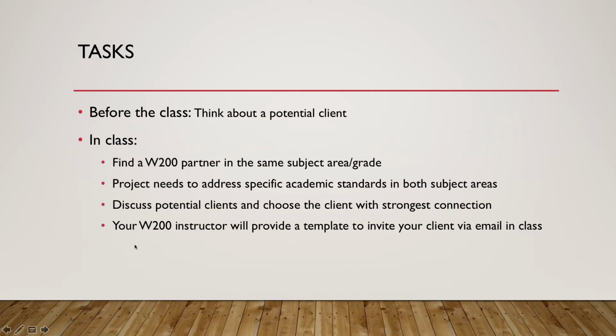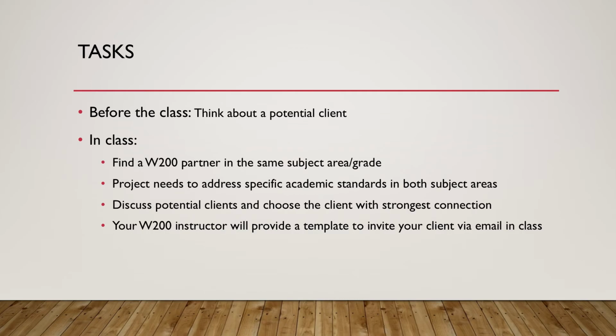So here's what you need to do before next week as you're getting started: I want you to think about who your potential client could be. Maybe look them up online if you need to find their email address, especially if it's been a few years since you've had that particular teacher.